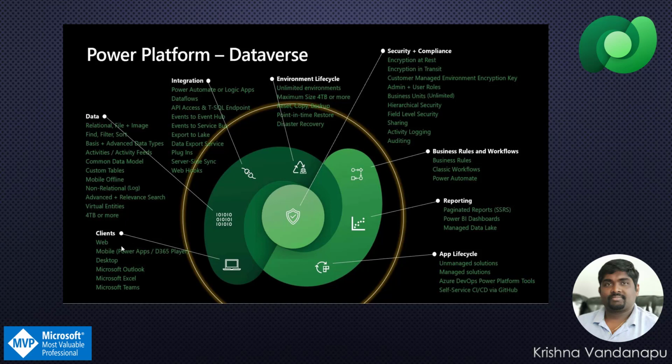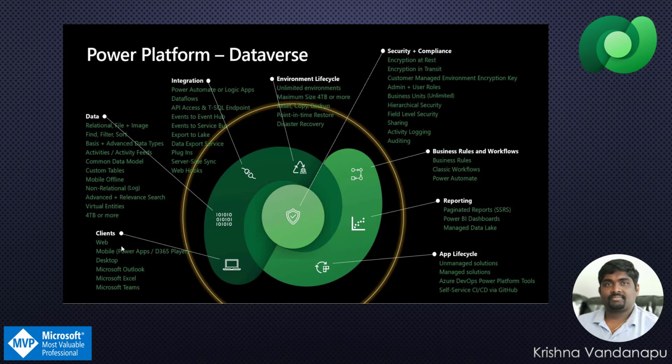In Power Platform Dataverse, it supports various clients: web, mobile, desktop, Outlook, Excel, and Teams, which eventually means I can leverage my tables inside Dataverse on a web client, or on mobile clients, with Power Apps or Power Automate. I can run a flow from Power Automate from mobile, desktop or Outlook also. I can refer to the Dataverse tables.